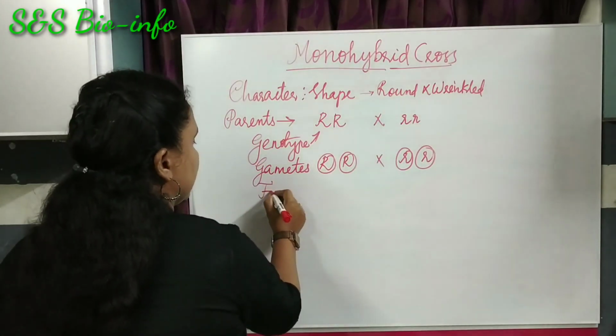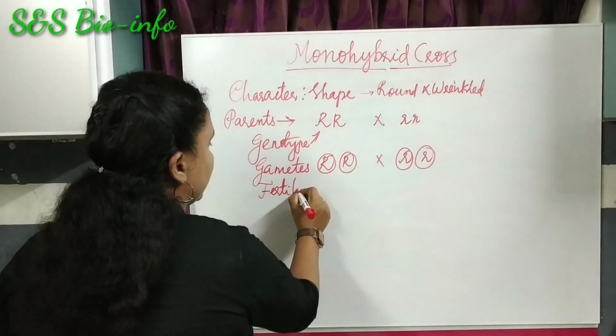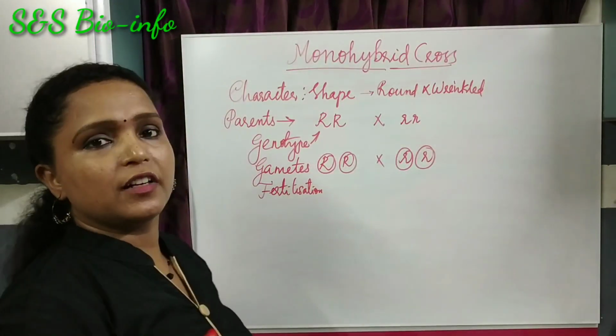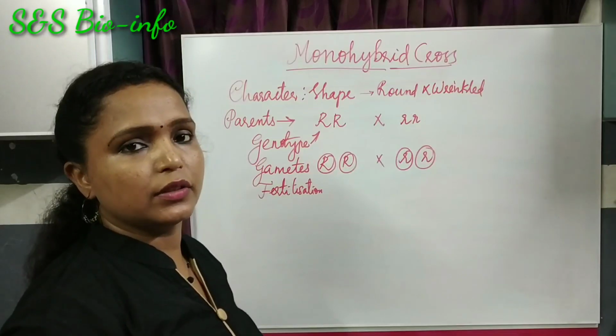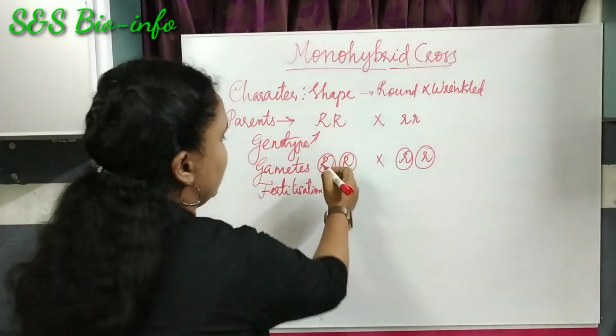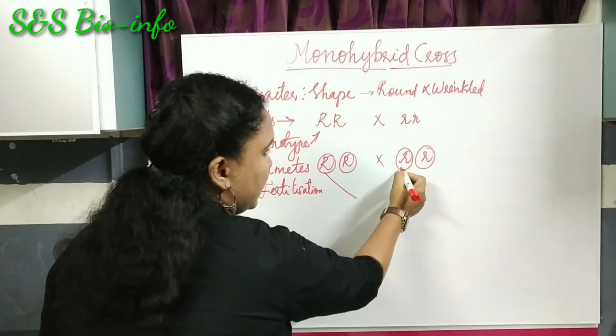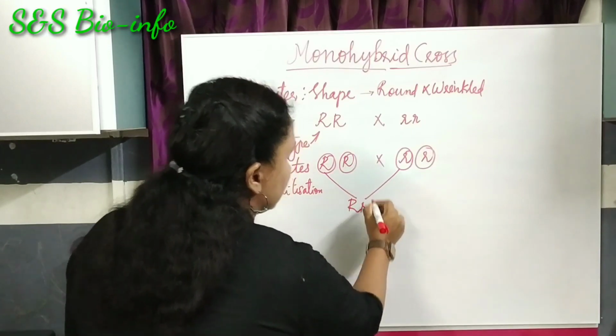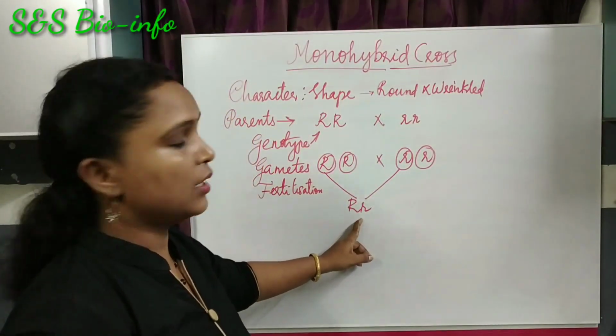Then the next step is fertilization. Fertilization is the fusion of a male gamete with a female gamete. Here let's consider the first one is the male parent, so the male gamete and the second the female gamete. The genotype is written like this, capital R and small r.